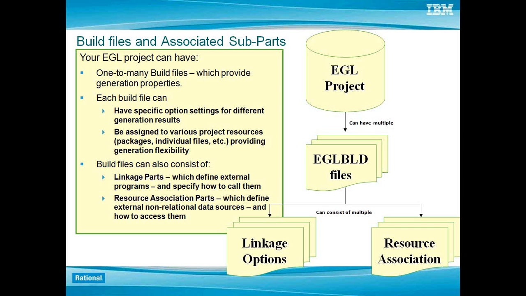So we can have three different build files, and each build file has different properties and their respective linkage options or resource association files, where we would be highlighting different properties. For example, URL for your flat file system, your mainframe, and their data parts, and their libraries, their ports, user ID, password.